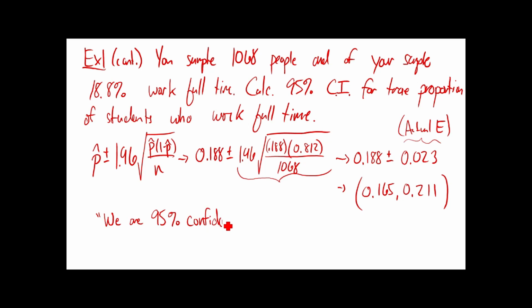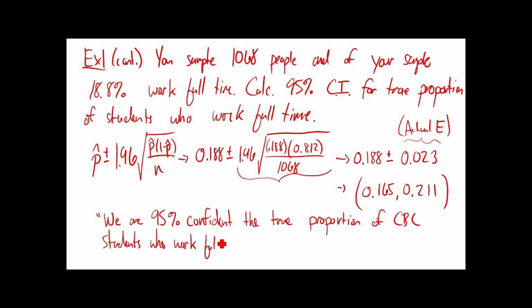So we're 95% confident, and then we say what we're actually estimating, the true proportion of CBC students who work full time. And then we report our boundaries. So that's between 16.5% and 21.1%.